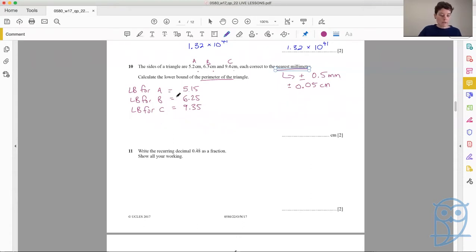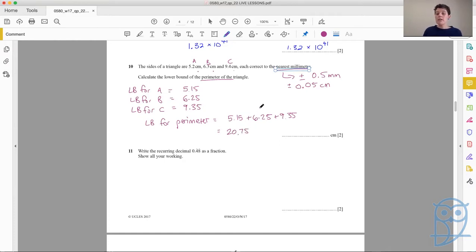The lower bound for perimeter is going to equal 5.15 plus 6.25 plus 9.35, which is going to equal 20.75.